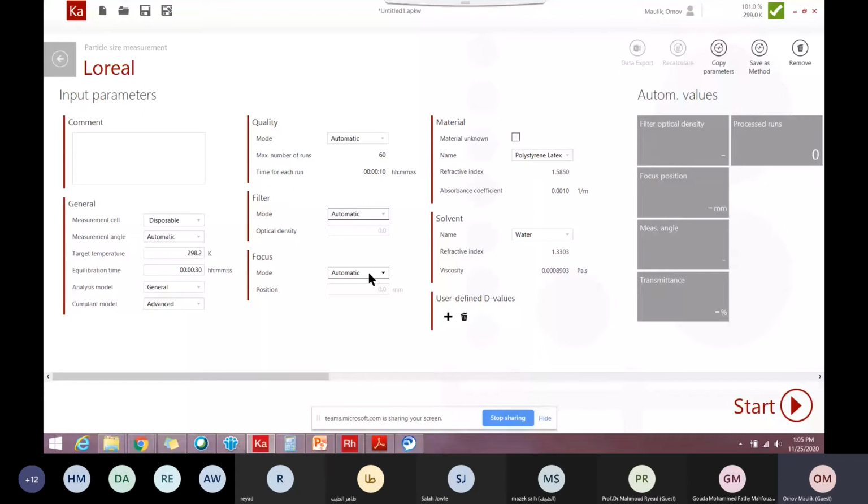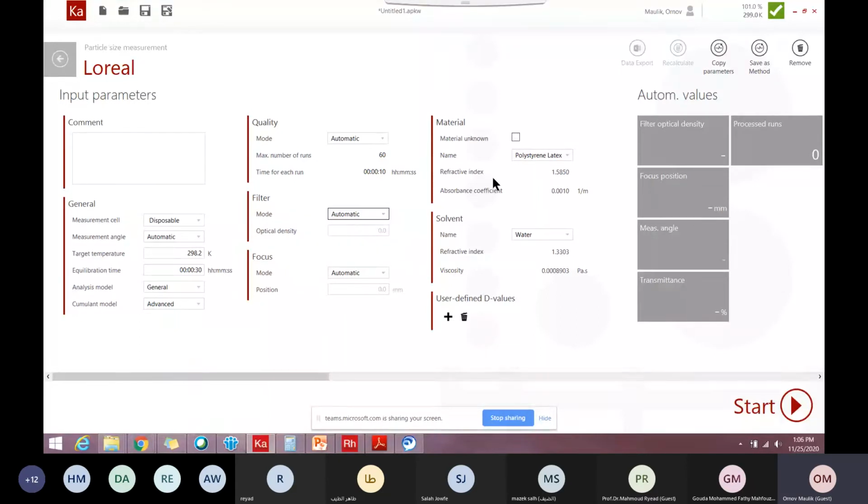Another key important factor is the material refractive index and the solvent refractive index. We know this micellar water is a water-based emulsion, or I would say solution, that's why we always put water as a solvent. And the material, we don't know what material it is, although definitely it is surfactant based.